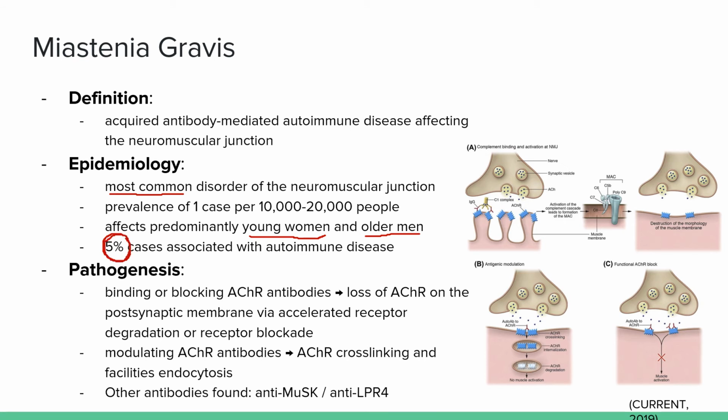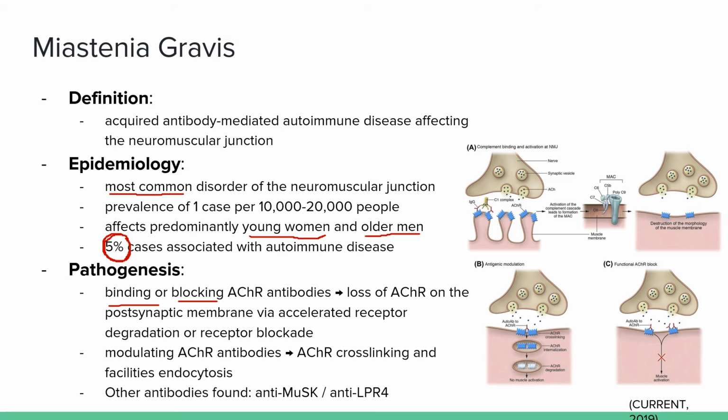The pathogenesis of the disease depends on the type of antibody. In binding or blocking acetylcholine receptor antibodies, there is a loss of this receptor on the postsynaptic membrane via accelerated receptor degradation or blocking of the receptor as such.